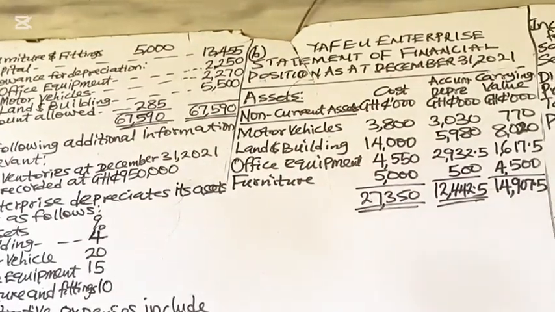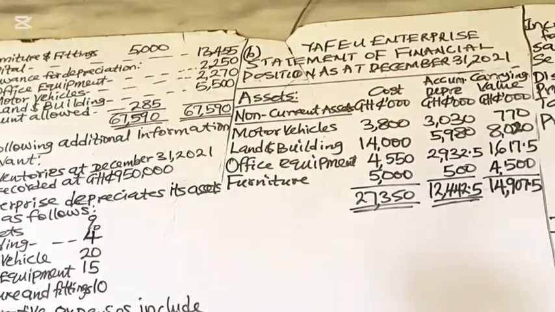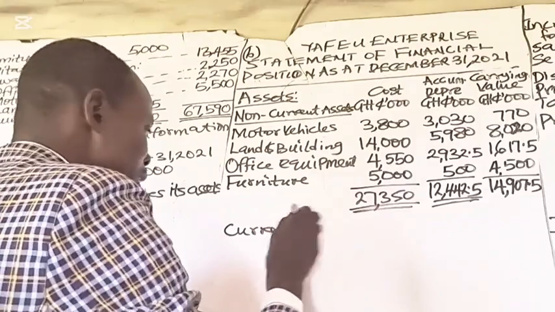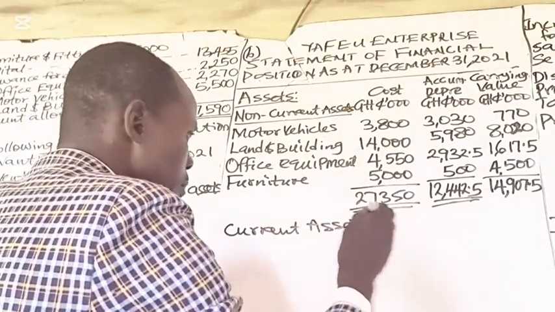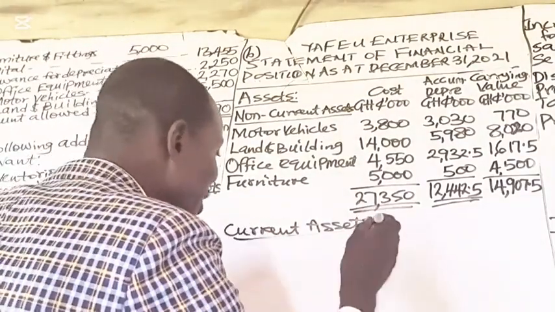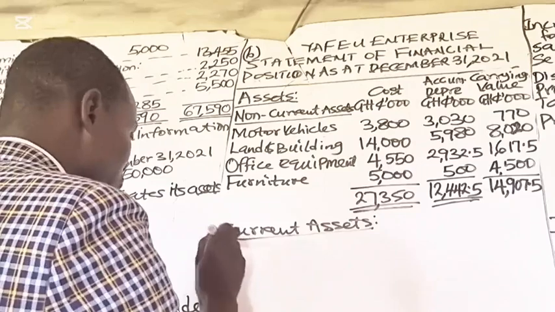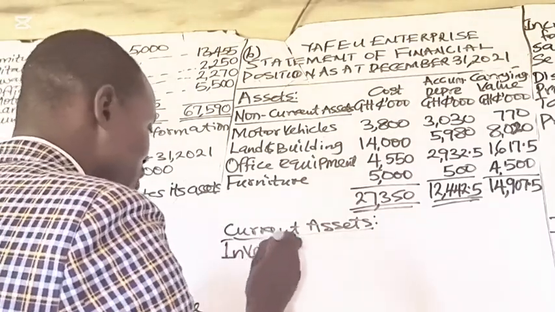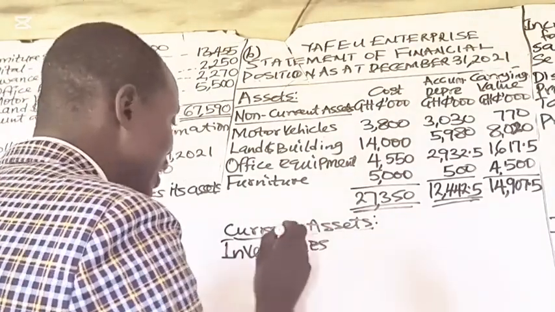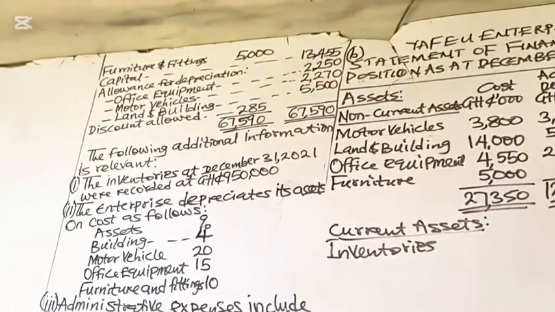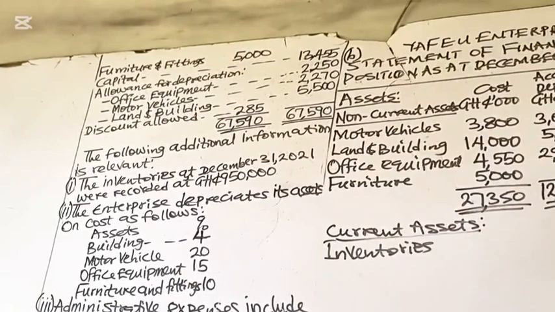After non-current assets, the next asset should be current. So we want to consider the current assets. The first current asset to consider should be inventories. That is the closing inventories, inventories at the year end. The closing inventory is given in the additional information number 1.